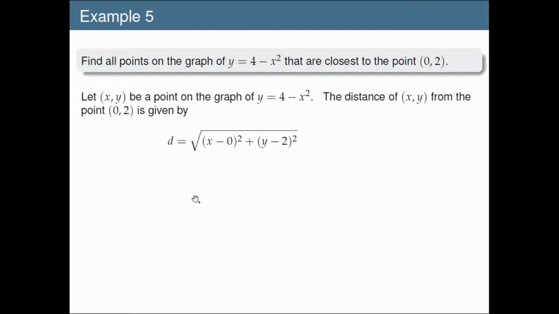This is given by the square root of (x minus 0) squared plus (y minus 2) squared. This is also equal to the square root of x squared plus (y minus 2) squared. We want to minimize d.